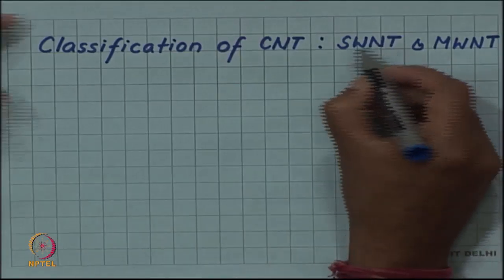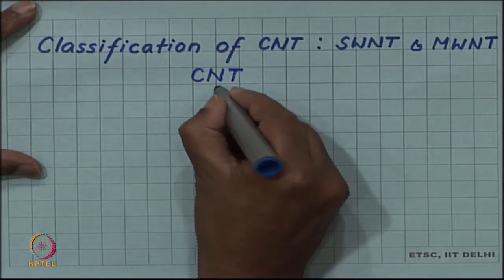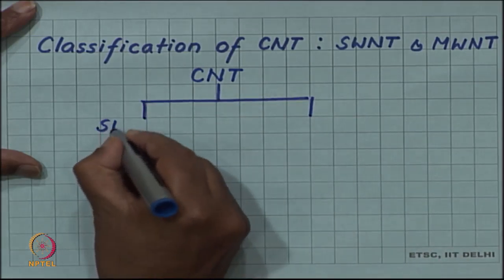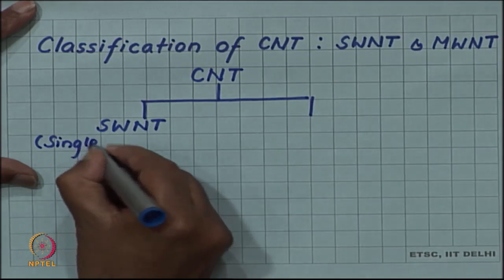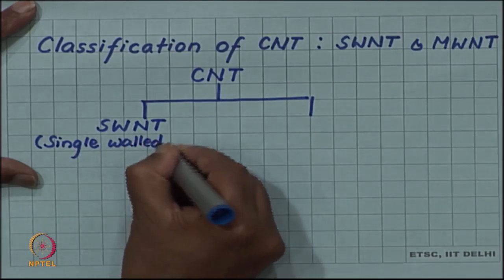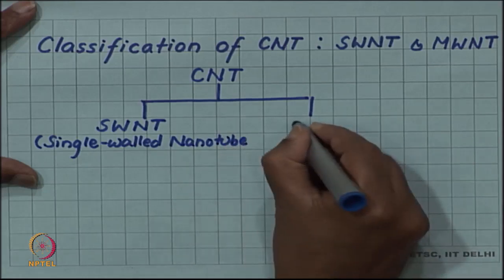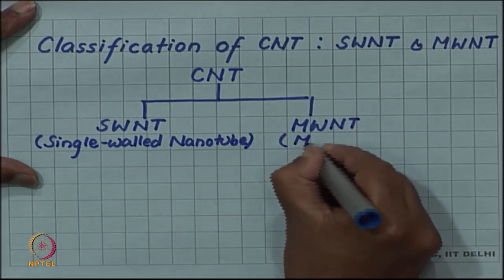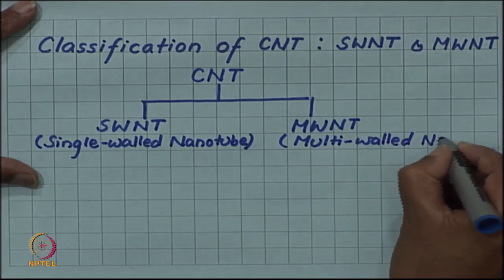One particular scheme of classification is the so called single walled nanotube, SWNT, or multi-walled nanotube, MWNT.